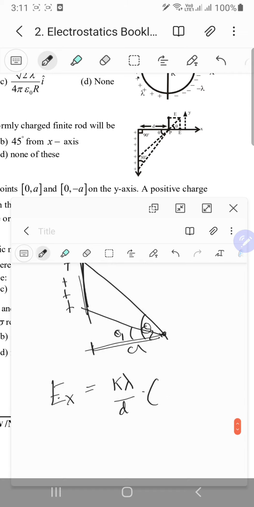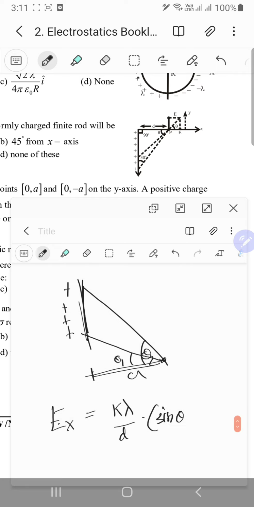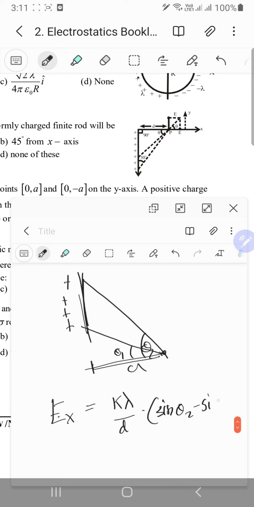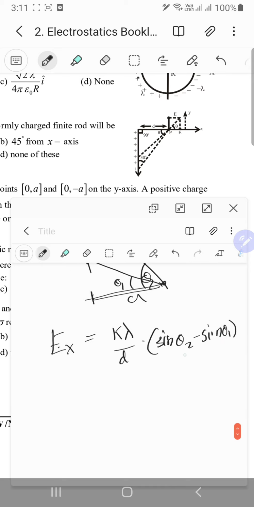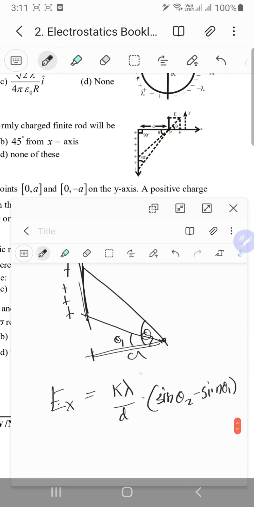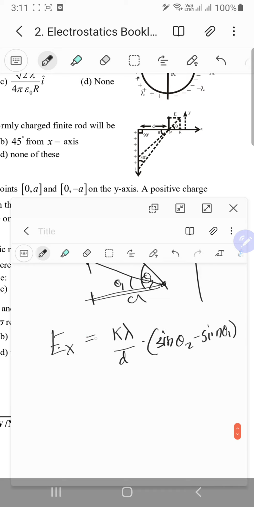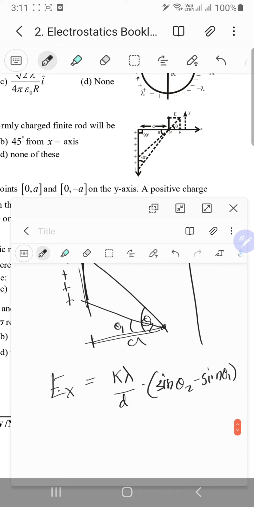into, so for the x-axis you have sine, so sine of theta 2 minus sine of theta 1. You can check this: if theta 2 is plus pi by 2 and theta 1 is minus pi by 2, which means this will be like an infinitely big rod, at that point Ex is just 2k lambda by d, which matches perfectly.